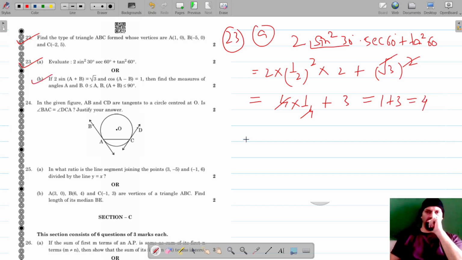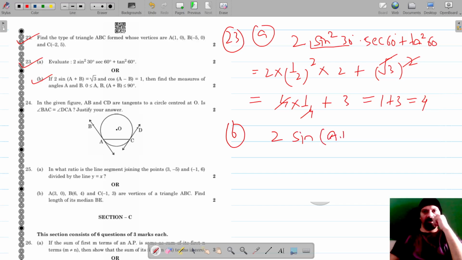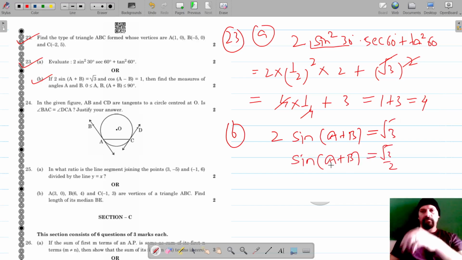And let's try to solve the second one, that is part B as well, where it's given 2 sine of A plus B is equal to root 3, which gives us sine of A plus B is equal to root 3 by 2.